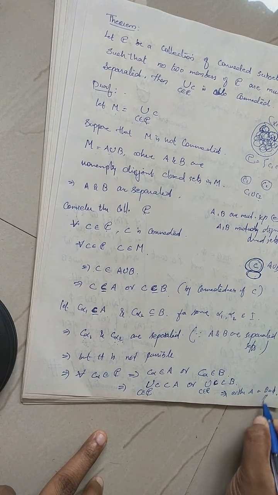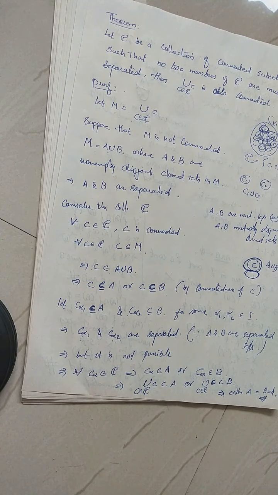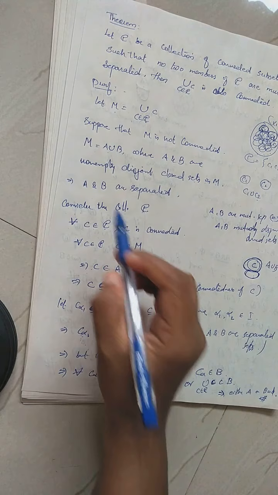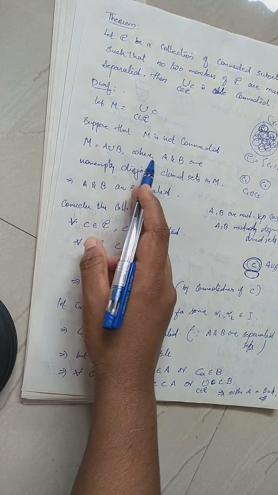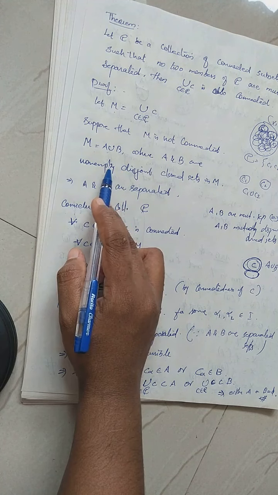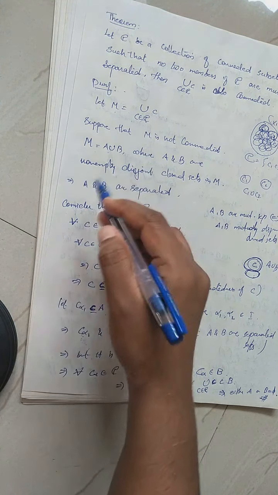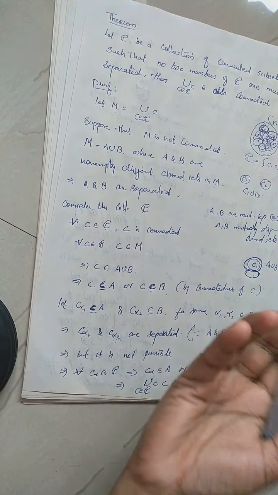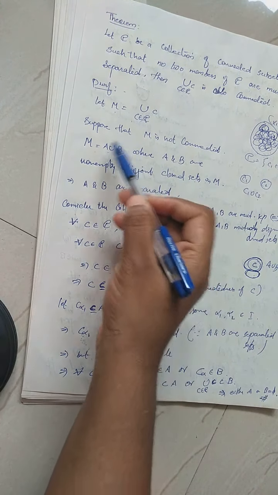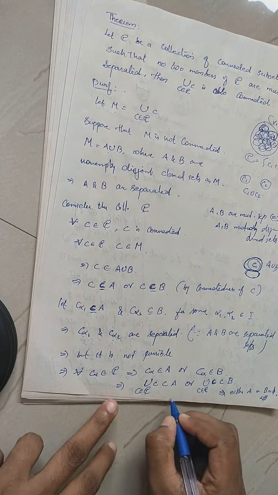But that is also not possible because A and B form a separation, so they can't be empty. They must be non-empty. So that means M will not have such a separation. That means M must be connected, which implies M is connected.